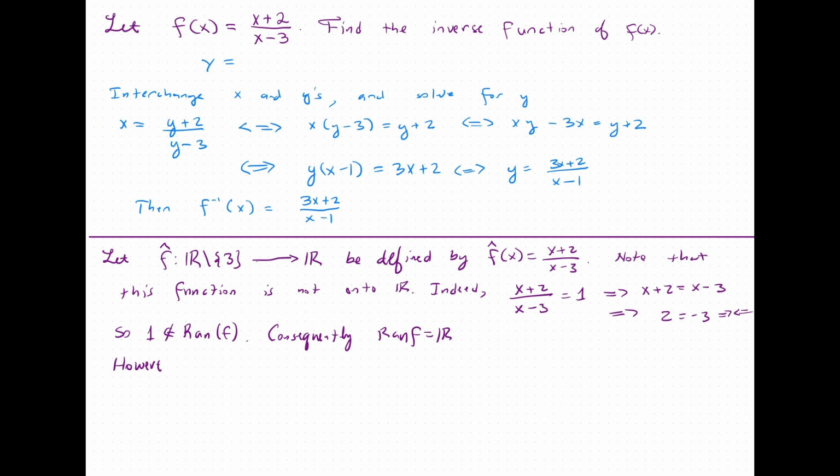And now, however, if we define f from the real numbers minus 3 to the real numbers minus 1, defined by the same thing, f of x equals x plus 2 over x minus 3 is bijective.